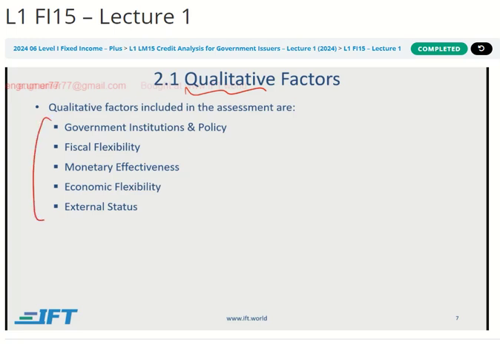Now, what are all the qualitative factors? Of course, we're going to discuss each of these separately, but before I jump into all of them, let me just give you a high-level overview. The first one, which is government institutions and policy, is related to consistency. What we want to see is that there is a certain amount of consistency in the government.